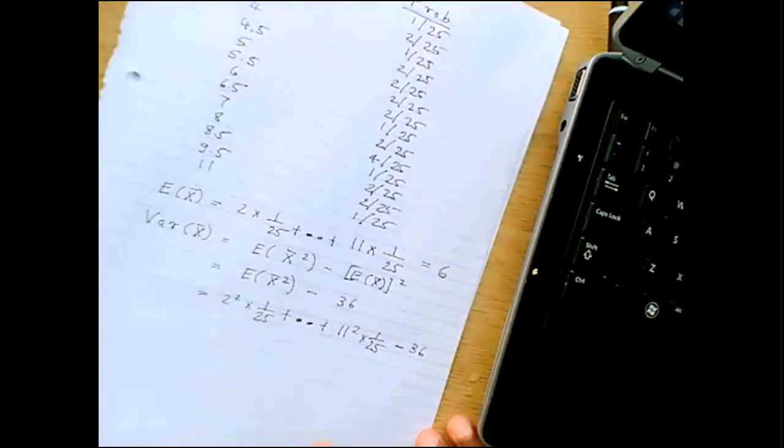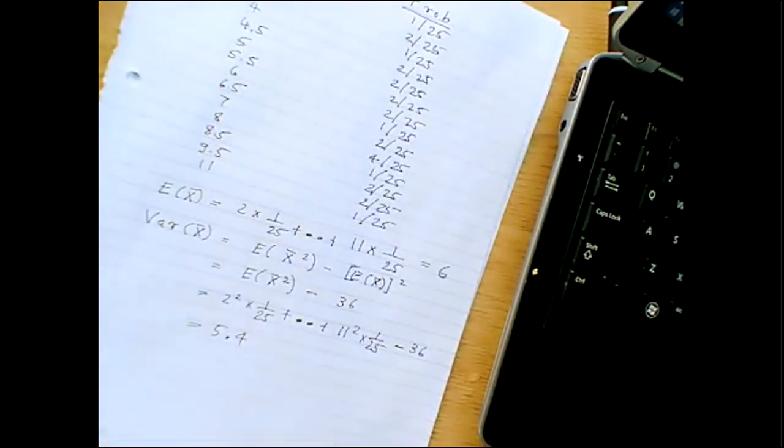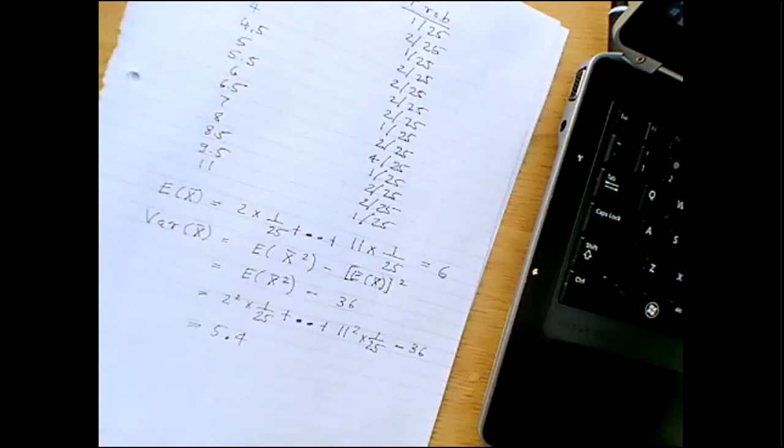If you compute this, this will be equal to 5.4. So the expectation of X bar is 6, and the variance of X bar is 5.4.